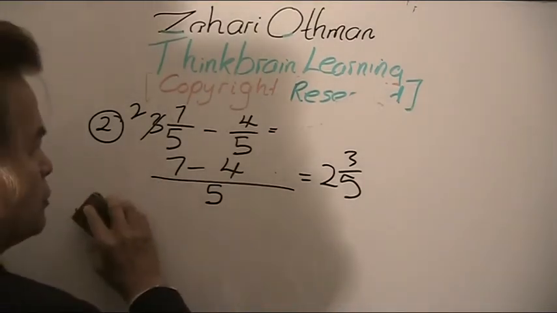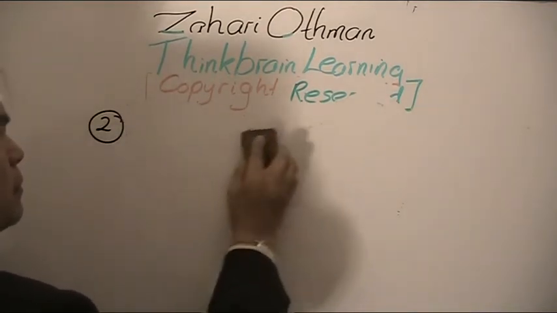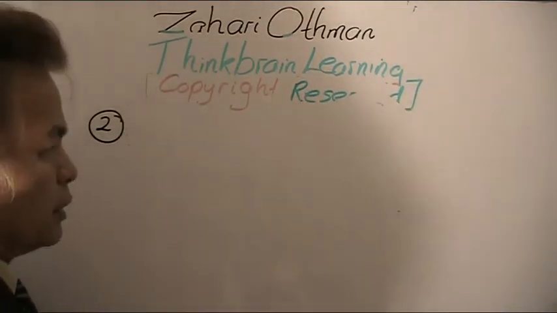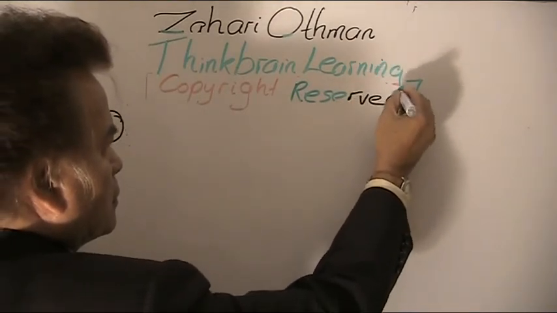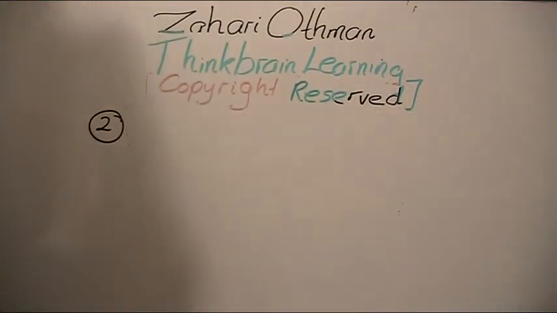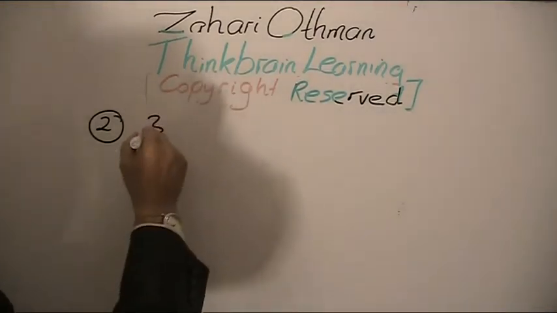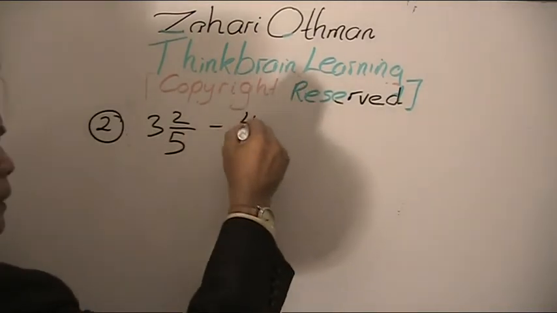Let's work out through a diagram. Alright, now 3 2 over 5 minus 4 over 5.